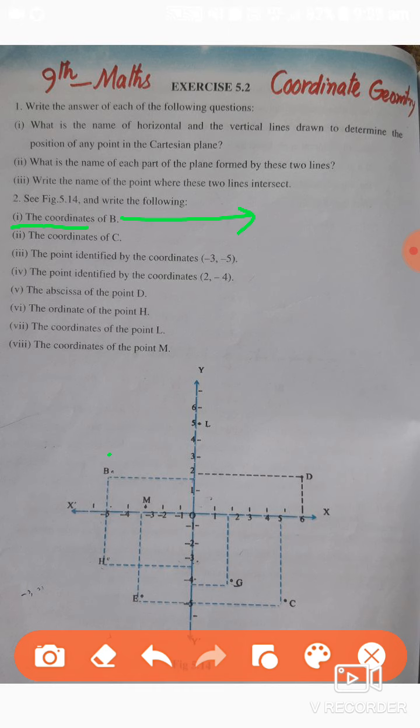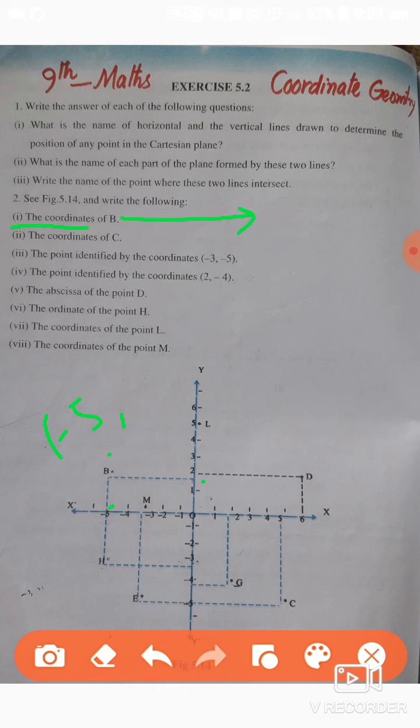The perpendicular from this point B meets the x-axis at a distance of -5 units. So its x coordinate is -5. Its y coordinate is over here.